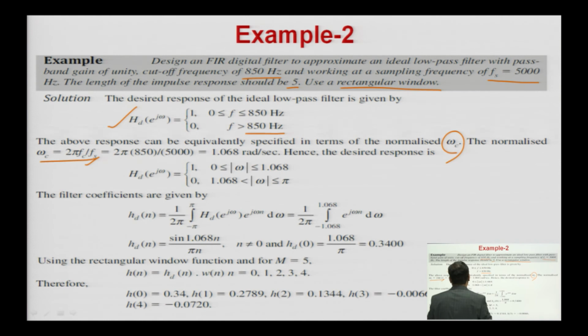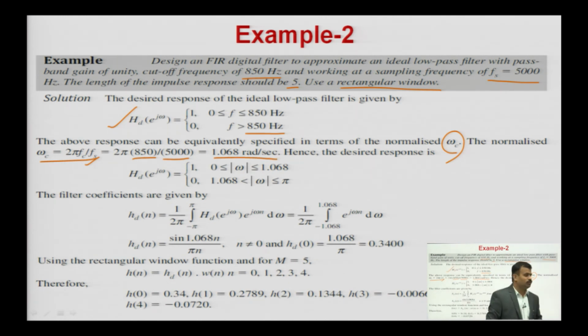So, 2 pi f c, where f c is 850 hertz cutoff frequency, and 5000 hertz sampling frequency. If you solve this one, then you will get omega c is equal to 1.068 radian per second.